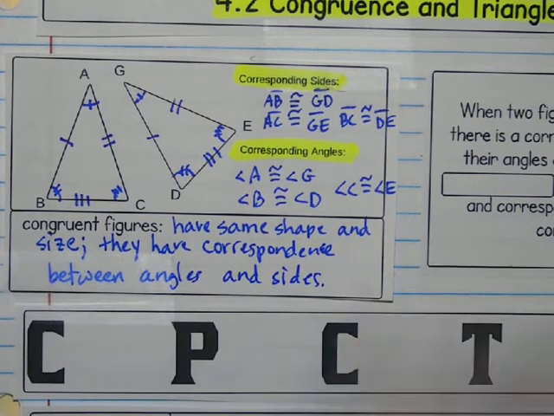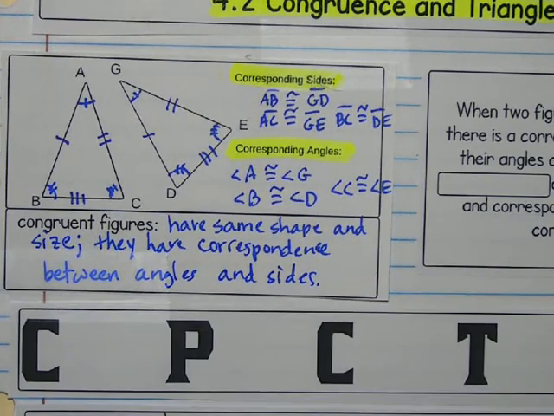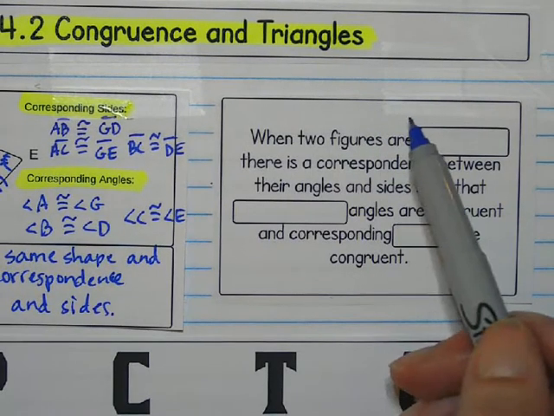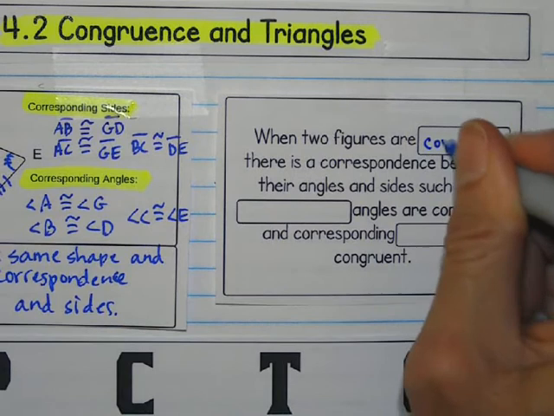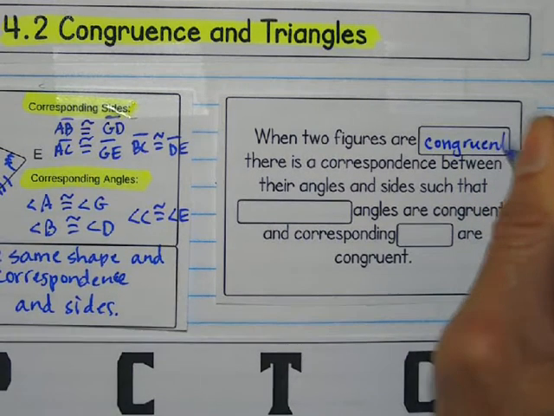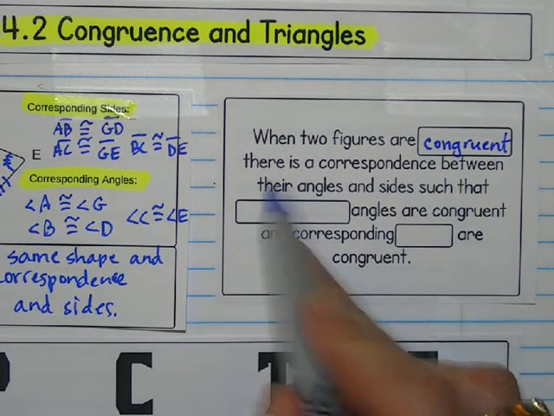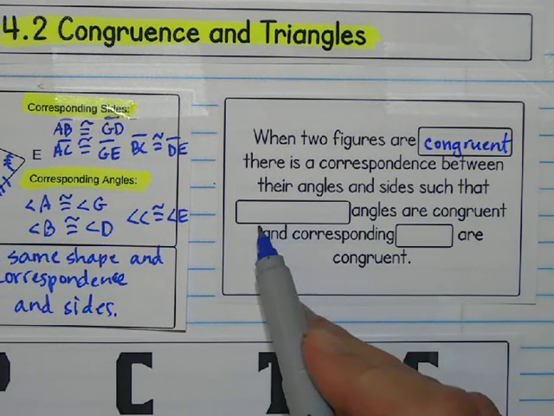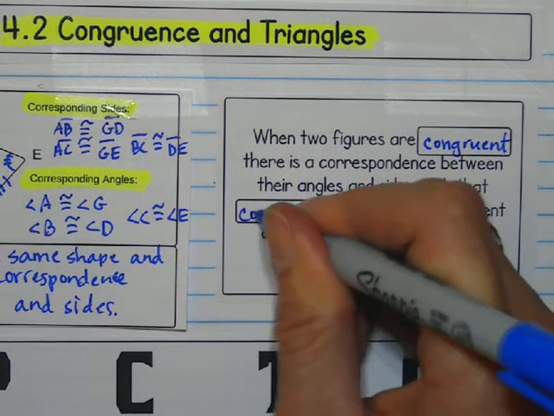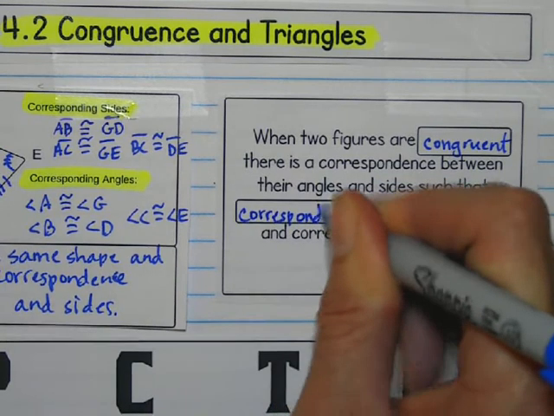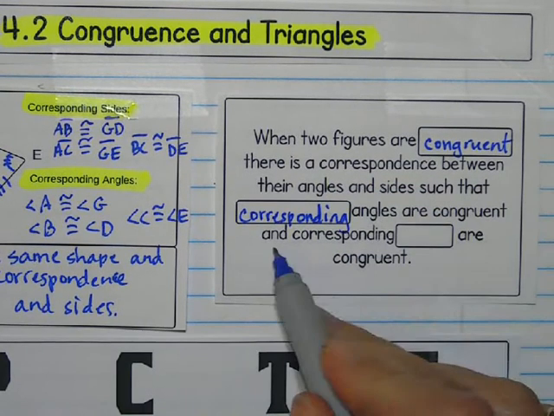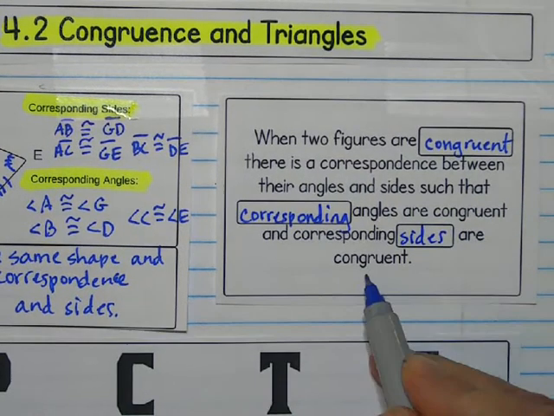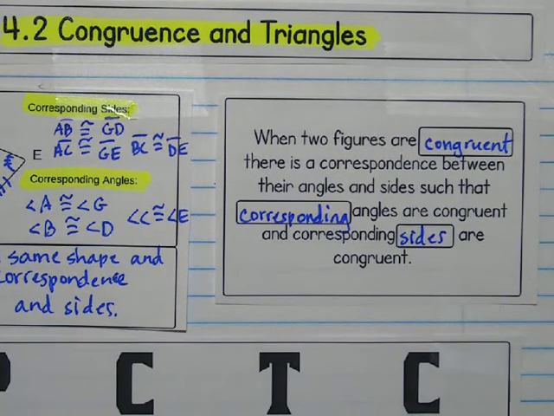So over here: when two figures are congruent, there is a correspondence between their angles and sides such that corresponding angles are congruent and corresponding sides are congruent. That basically defines what it means to be congruent. All the sides are congruent, all the angles are congruent.